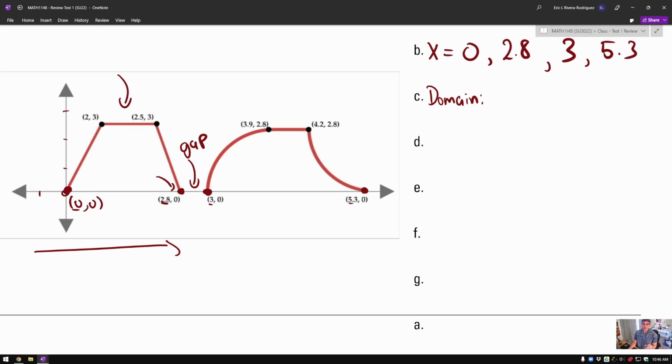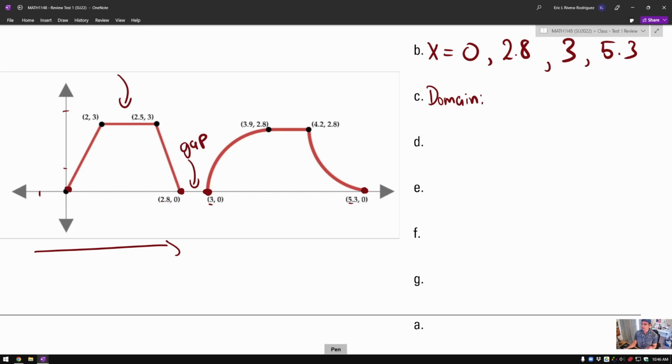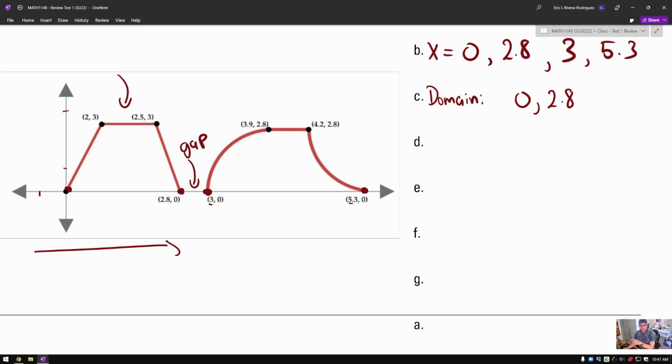So the interval, or the set of x values that represent that first portion of the graph before the gap, is from 0 to 2.8. This is an interval. This is not a coordinate, what I just wrote here.